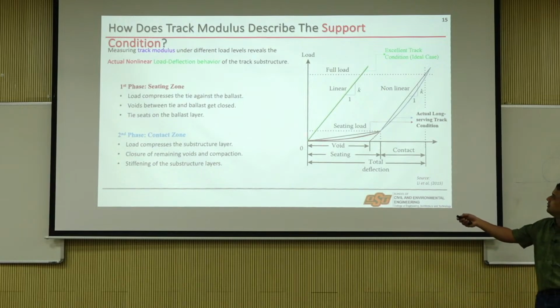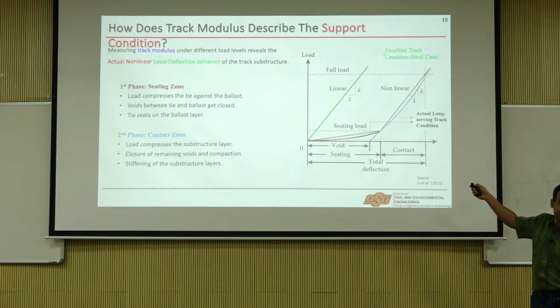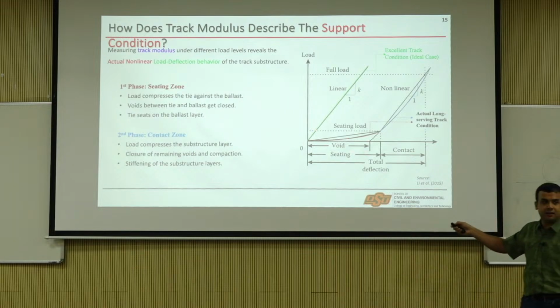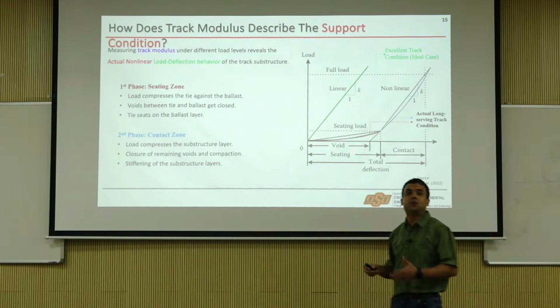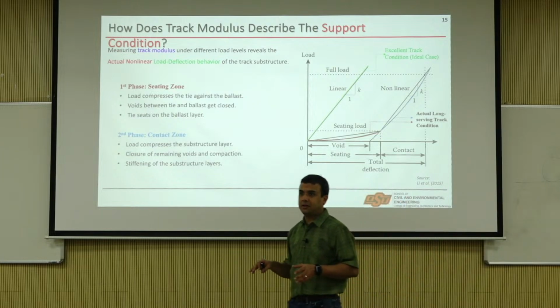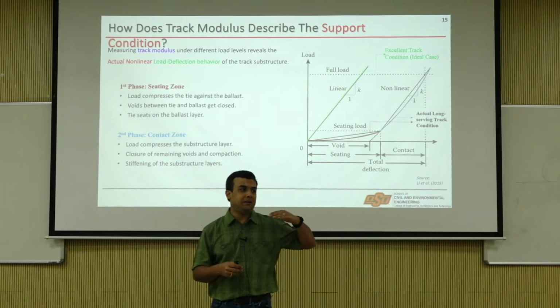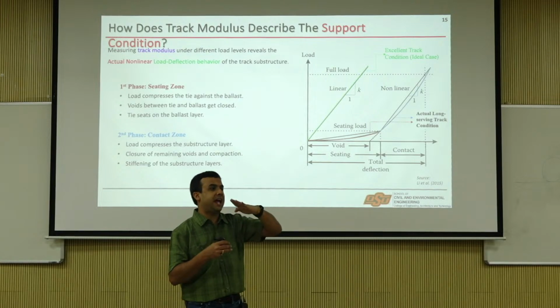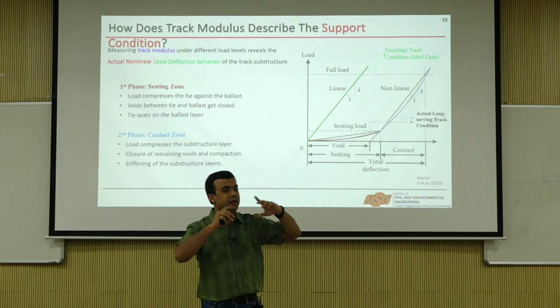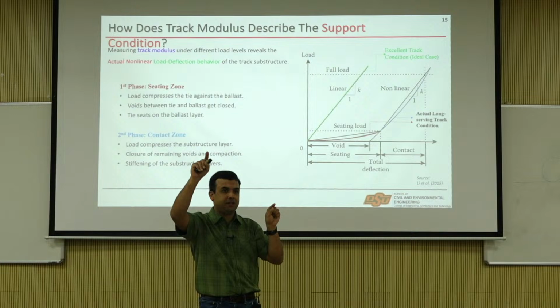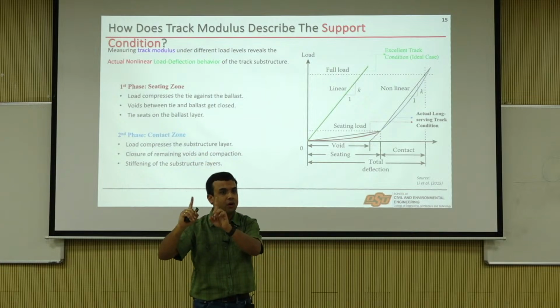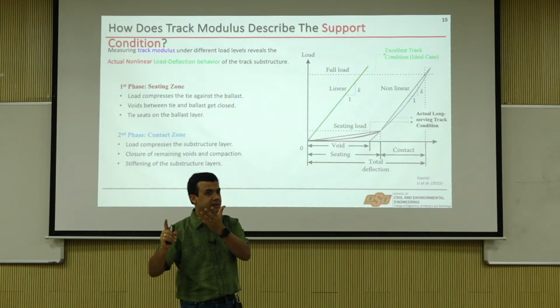Flat, and then it picks up. So this flat is the void. If you can measure in the field the deformation of the track as a train goes, and then you plot the load deformation curve, you can actually calculate the voids if there is anything at the interface.